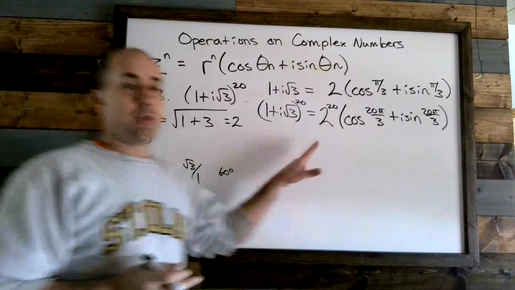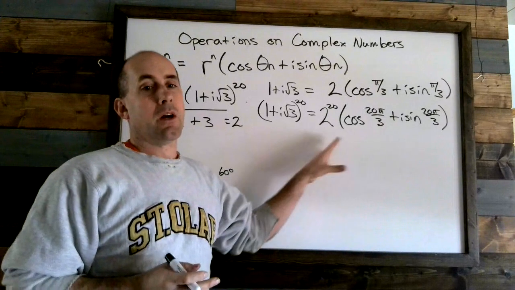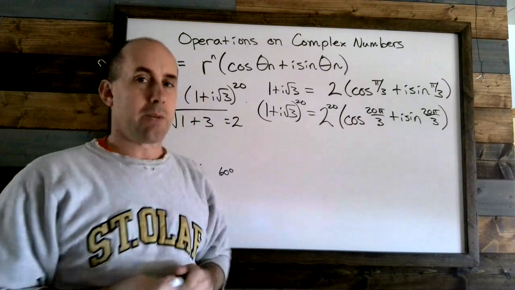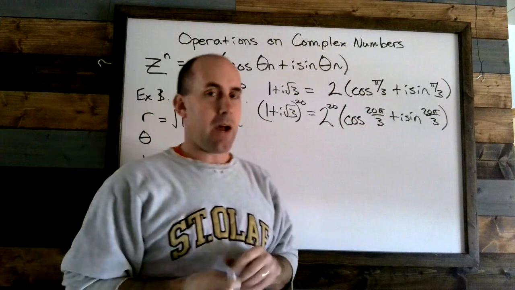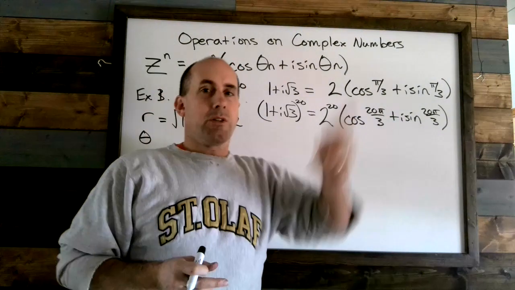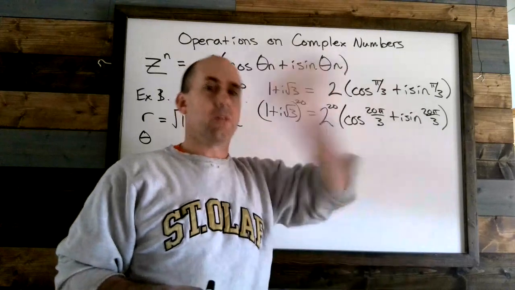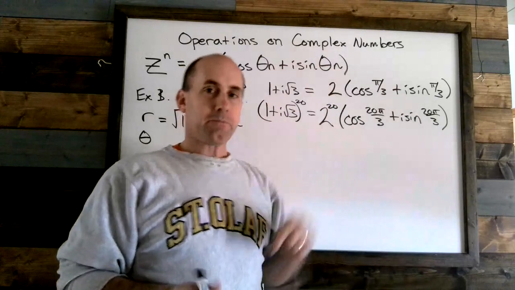Okay, I'll just leave the 2 to the 20th alone. That's a really big number. But the cosine of 20 pi over 3 and i sine of 20 pi over 3, I can't leave the 20 pi over 3. So everybody agrees that 20 pi over 3 would be a lot of times around the unit circle. I would agree.